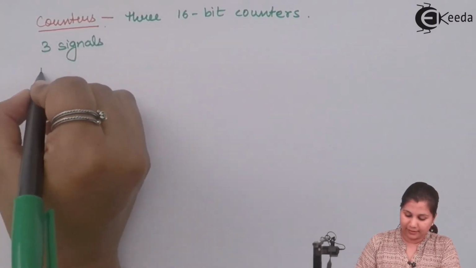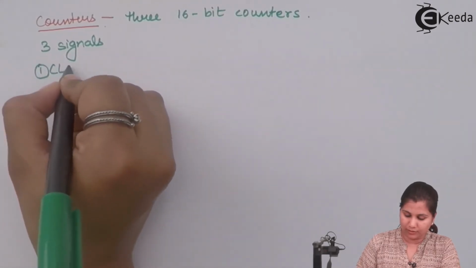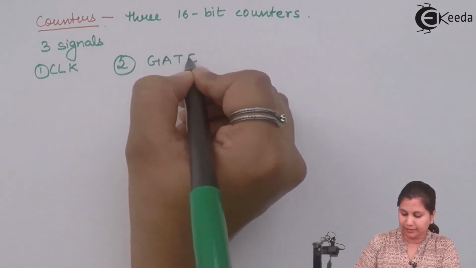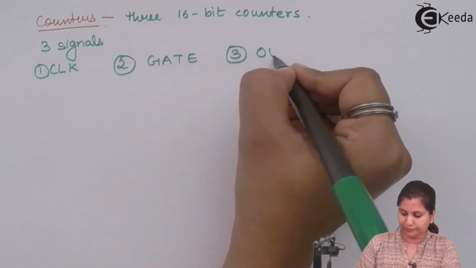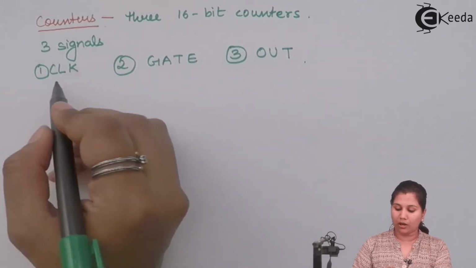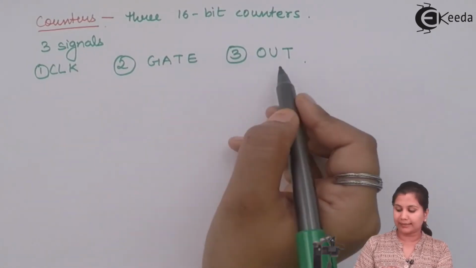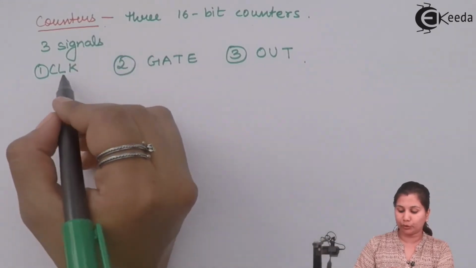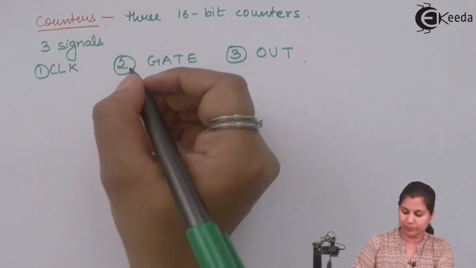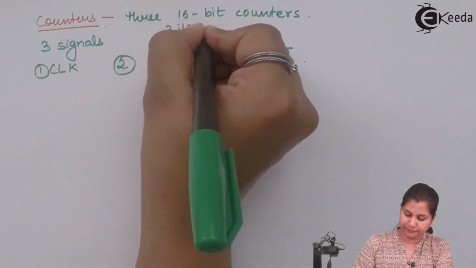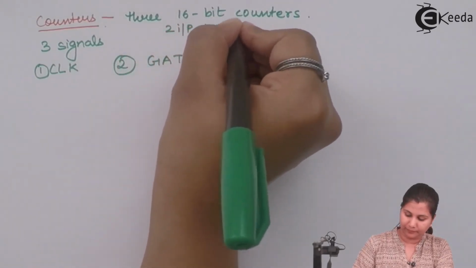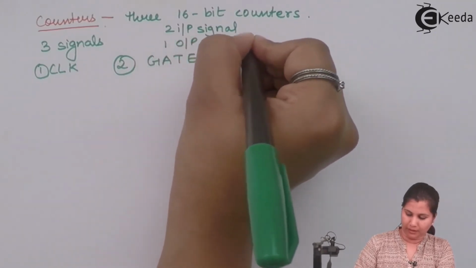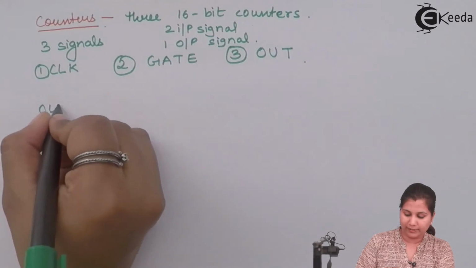These 3 signals are, first, clock, second, gate, and third, out. Clock and gate are the input signals and out is the output signal. So we can say that the counter will have 2 input signals and 1 output signal. First we will study the clock signal.